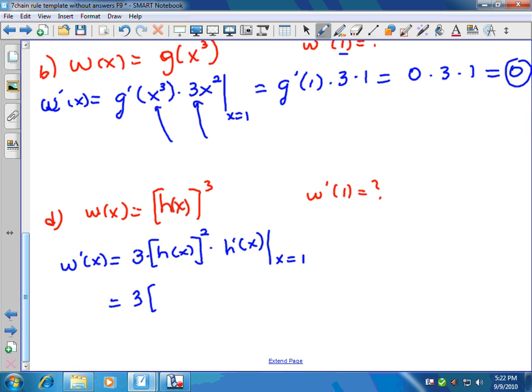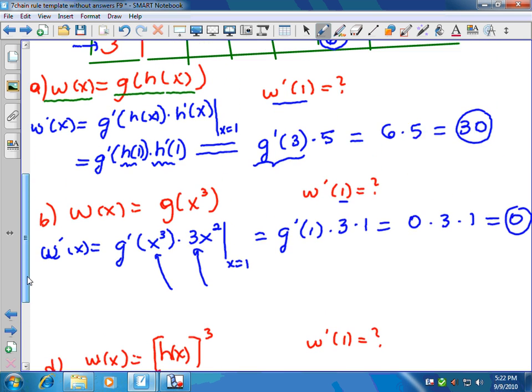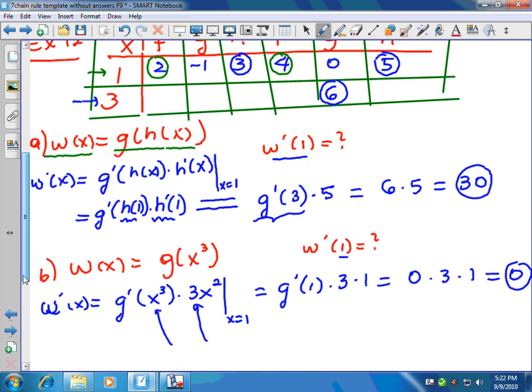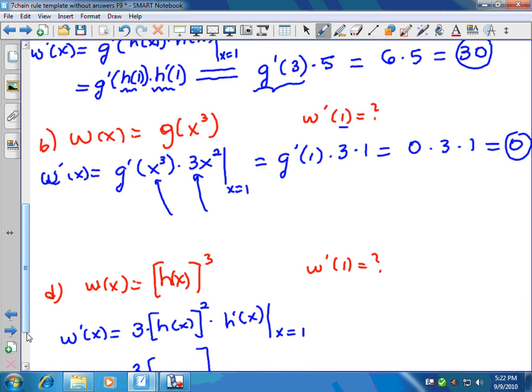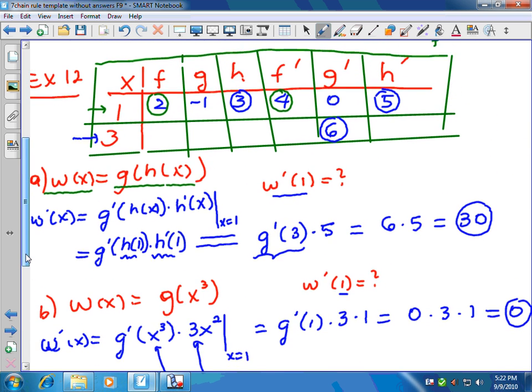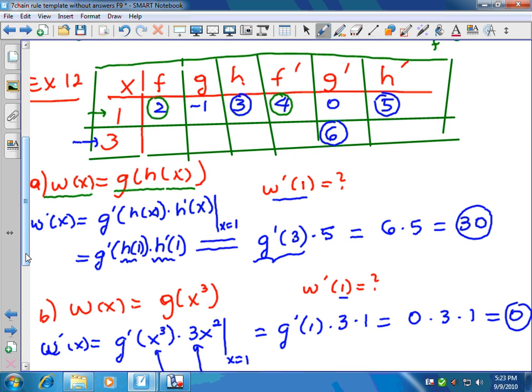So I'm going to need to know what is h of 1. H of 1 from the chart is 3. That needs to be squared. And then I need to multiply it with h prime of 1, which happens to be 5.